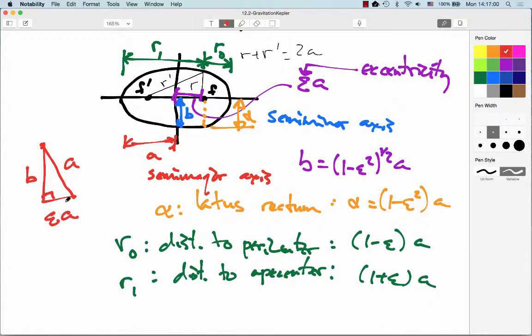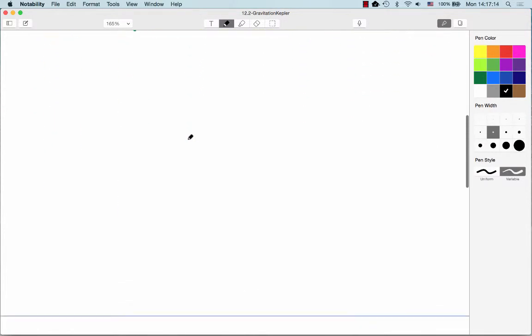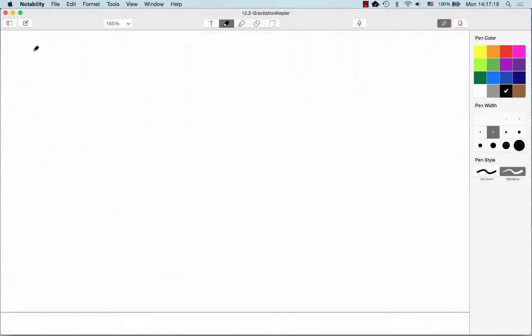Alright, so that's ellipse anatomy. So Kepler's first law of planetary motion says you put the sun at one of these, you leave the other one empty, and the planet moves around in an ellipse. Alright, the next one is the law of equal areas.